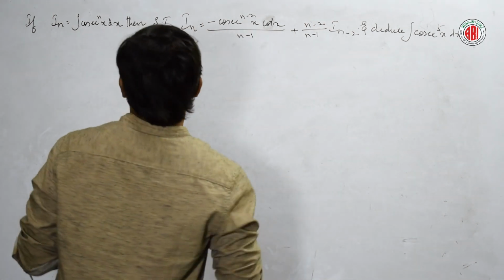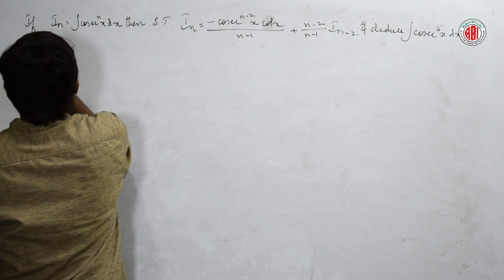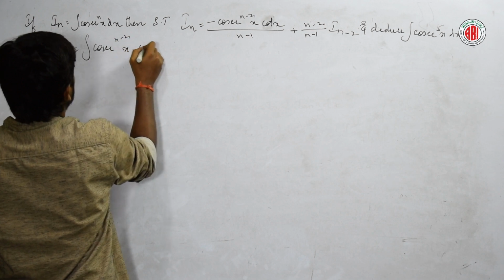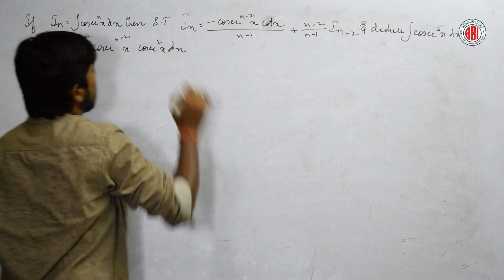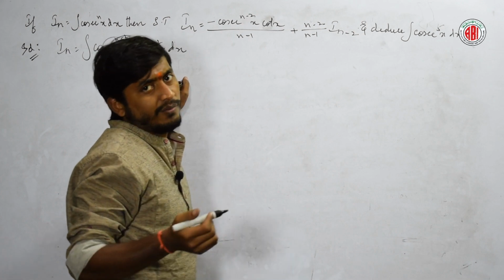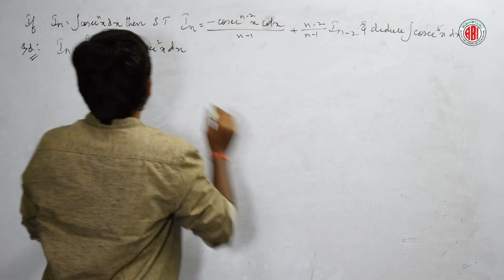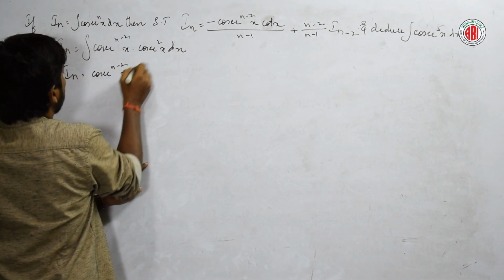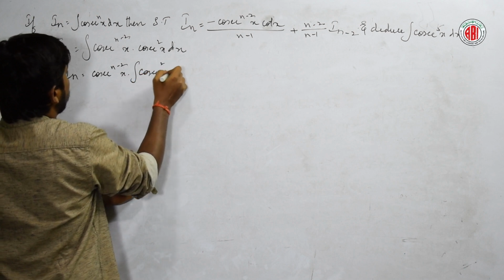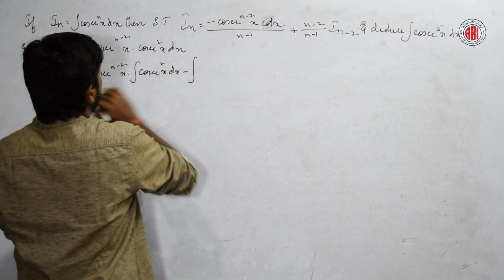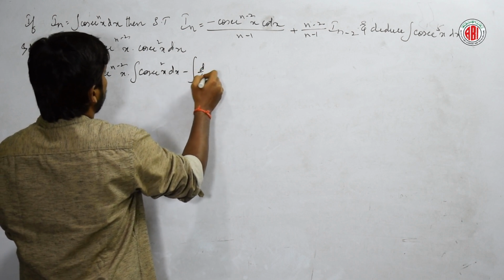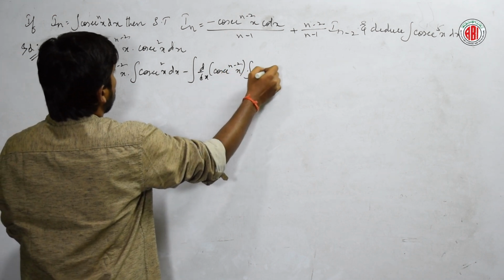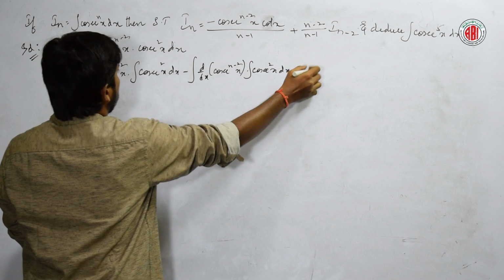Okay. So, let us write it as integral cosecant power n minus 2 x into cosecant square x dx. Now, can we find the integral of cosecant square? Obviously. So, let us continue on the same thing. u integral v dx minus integral du by dx, the differentiation of cosecant power n minus 2 x into integral cosecant square x dx, whole dx.